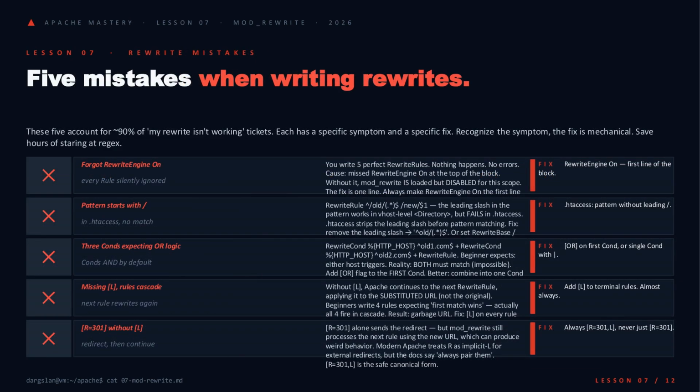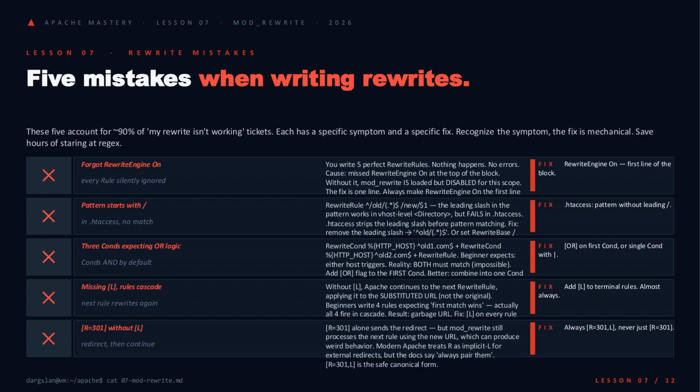And once you start debugging in the wild, you'll see the same 5 mistakes again and again. These account for roughly 90% of broken rewrites. Forgetting RewriteEngine On, so the module sits there loaded but silent. Leaving a leading slash in an .htaccess pattern, which never matches because Apache already stripped it.